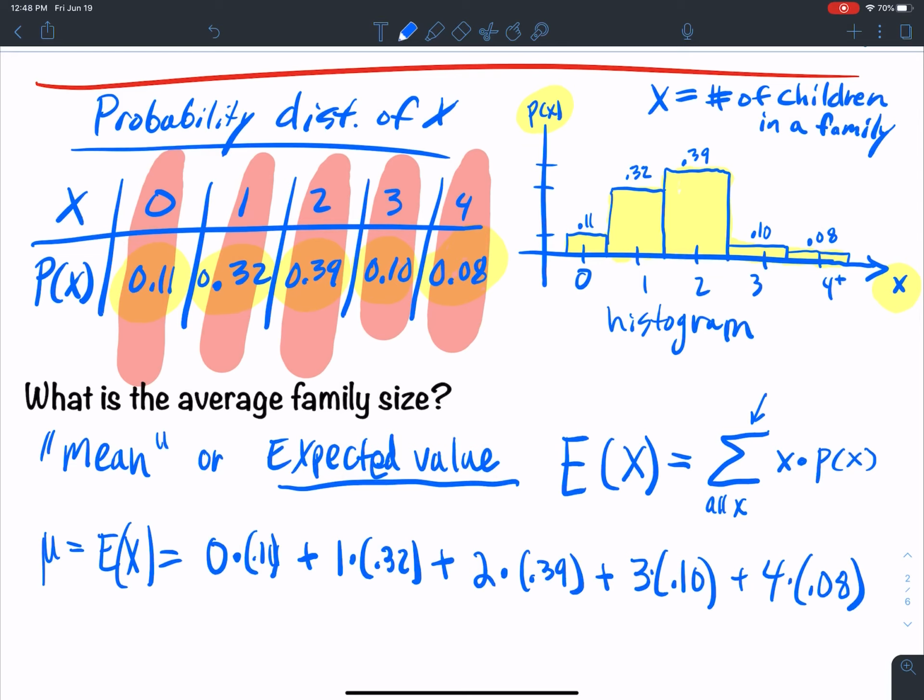And if I type that into my calculator, what do I get? I get 1.72. Okay? So what does this mean?